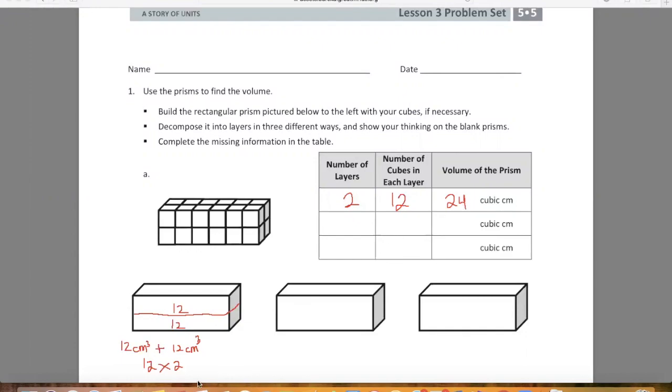Now what I want to do in my other 2 examples is show another way to break down the layers for each of these prisms. So I can think of this as going this way. It's 1 layer.